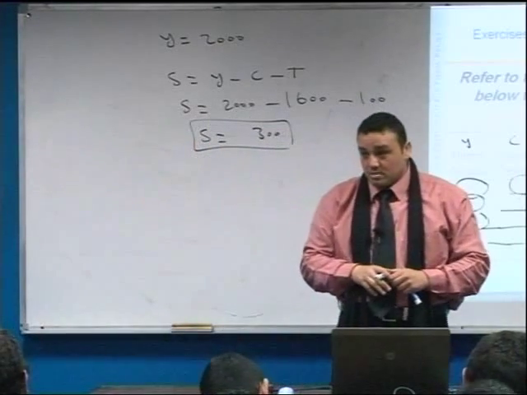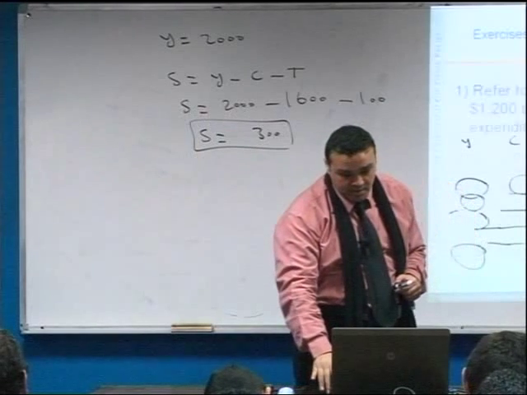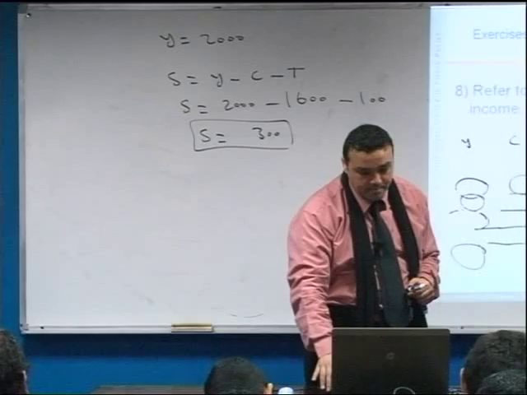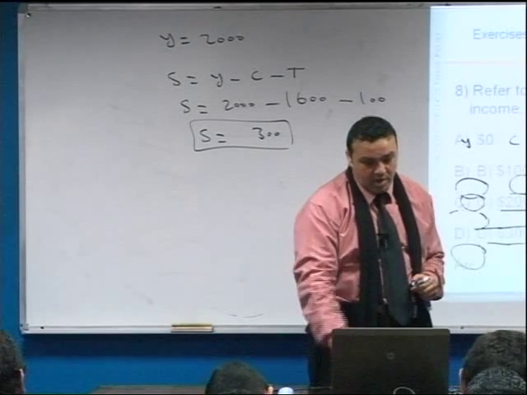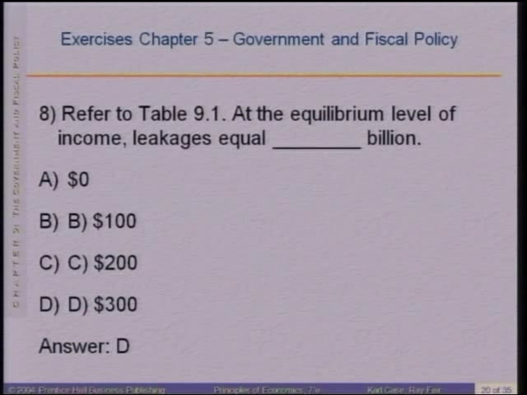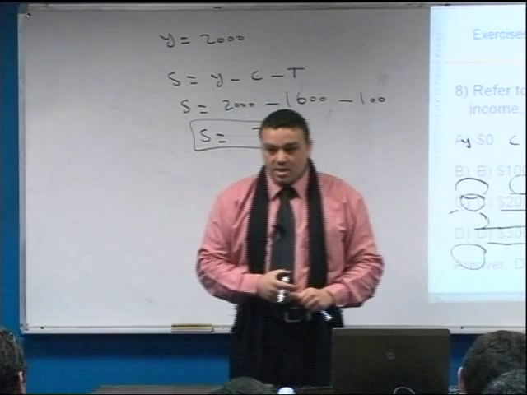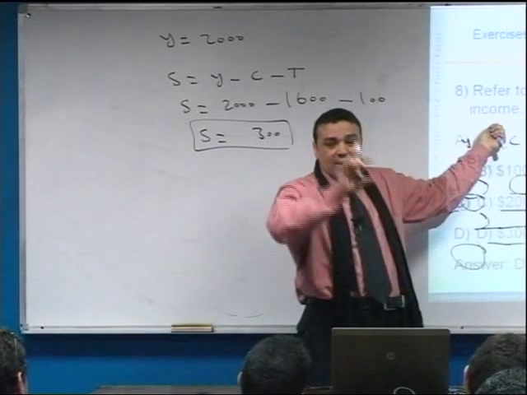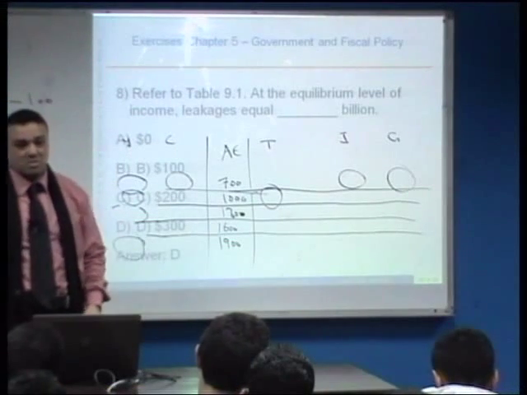Let's go. At the equilibrium level of income, leakages equal how much?